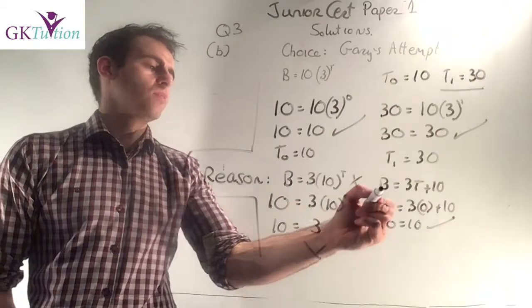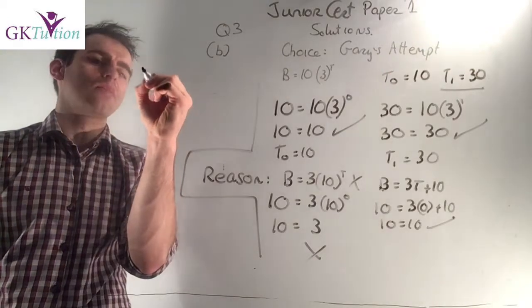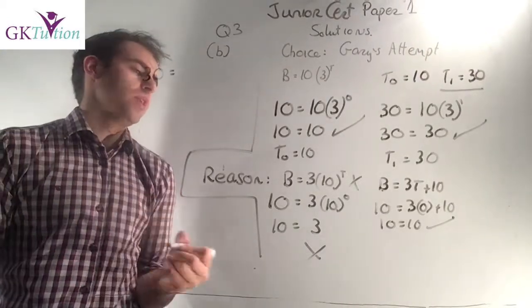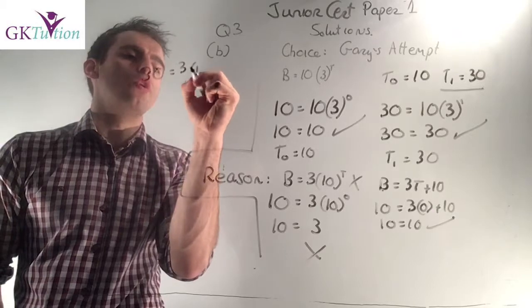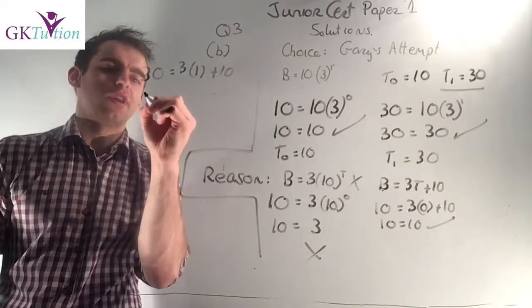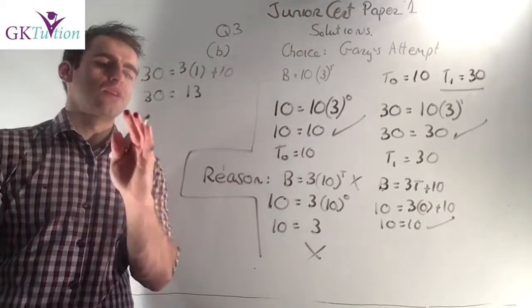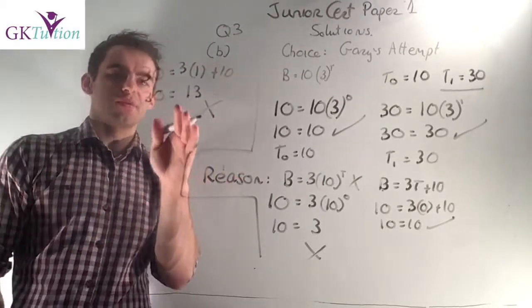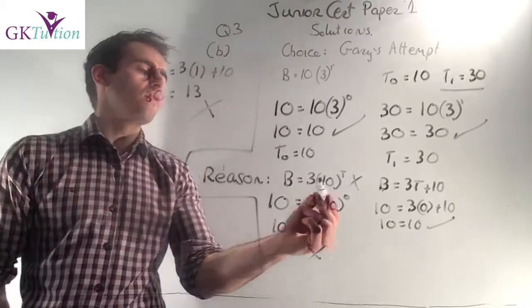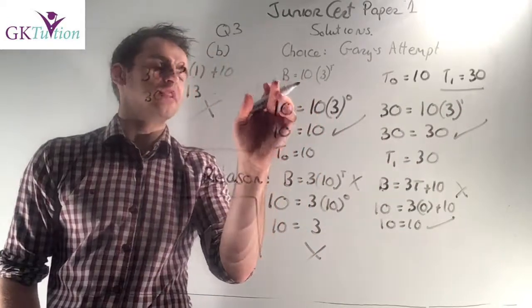If I sub that one into my equation, b equals 3t plus 10, instead of a b, I can put in 30, and that'll be equal to 3 times 1 plus 10. Now 3 times 1 is clearly just 3. So the right hand side becomes 3 plus 10, which is 13. Now 30 is not equal to 13, so that one is not true. So we verified that those two are wrong, and that Gary's attempt is correct.